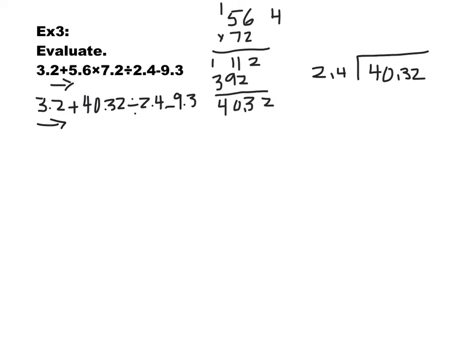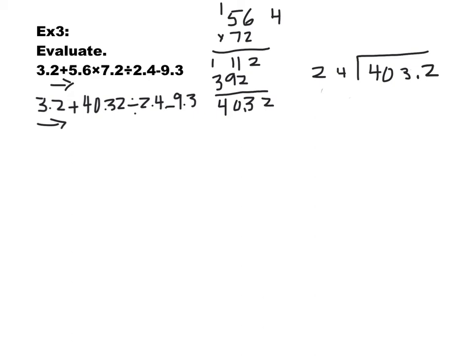So I'm going to move the decimal 1 point to the right, and because I moved it 1 point to the right, I'm going to move this one 1 point to the right. So this becomes really 403.2 divided by 24. So to do that one, I'm going to say 40 divided by 24.